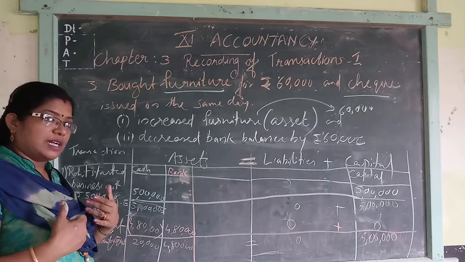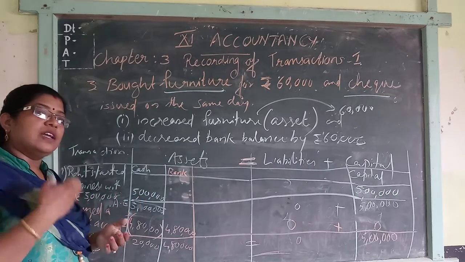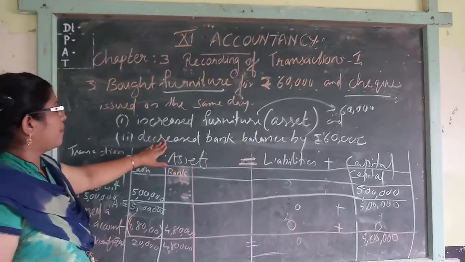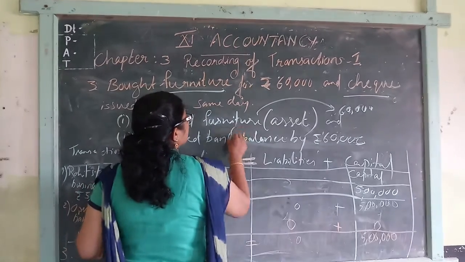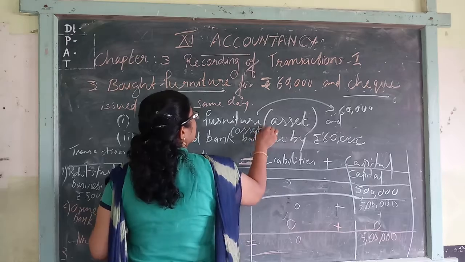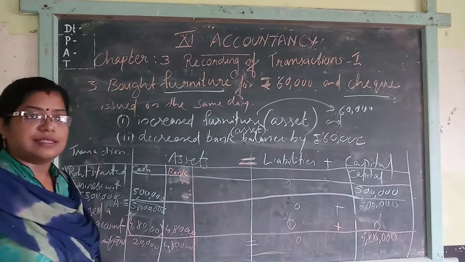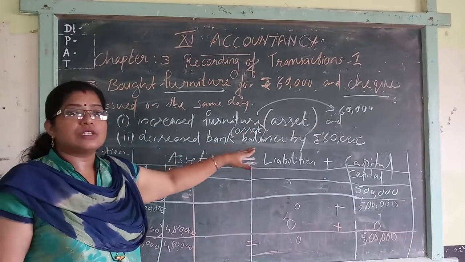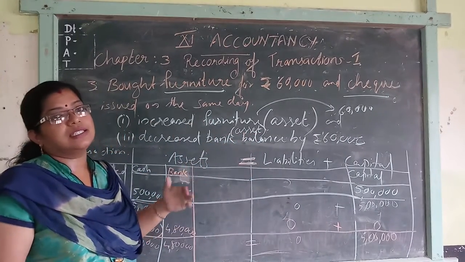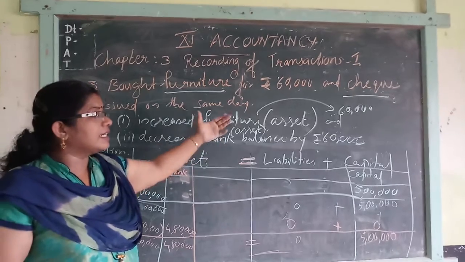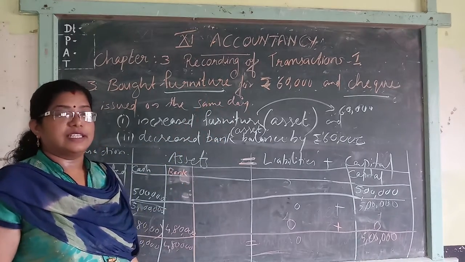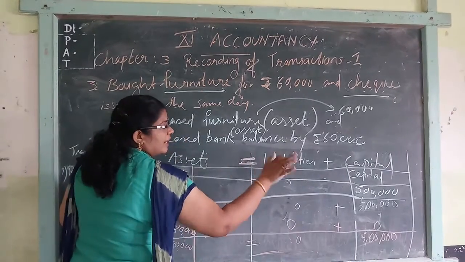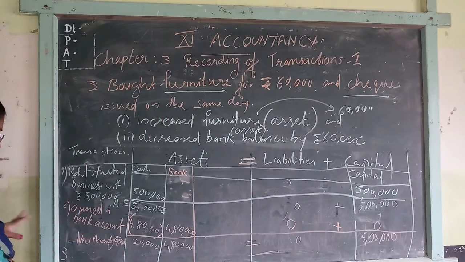One comes in, furniture comes in, but our bank balance is decreased. Bank balance is also our asset, yes or no? So furniture is an asset, bank is also an asset. One asset is increasing, one asset is decreasing, but both are affecting the asset side only, not liabilities or capital.